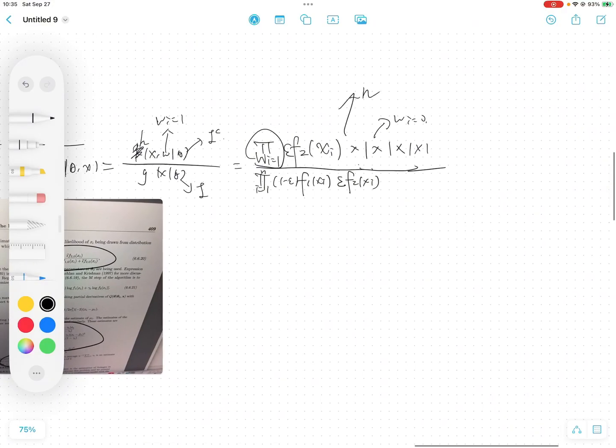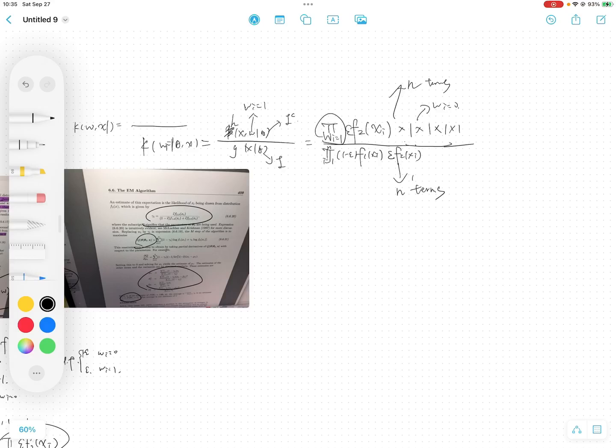So this has n terms, and this also has n terms. It's just the same idea as before. These terms are independent, so we could write down the equality.